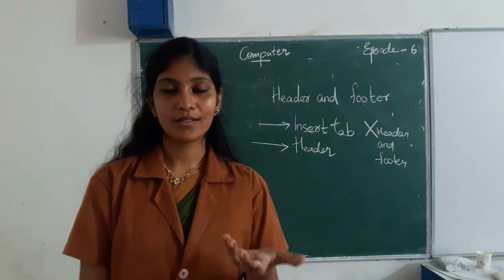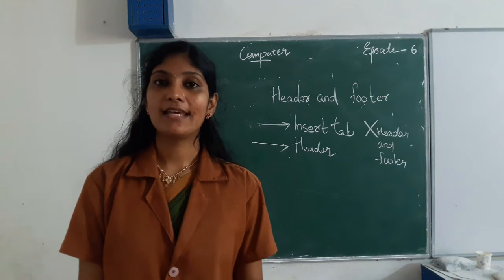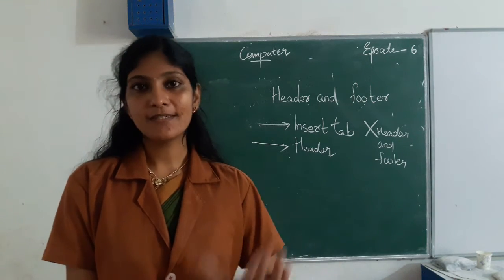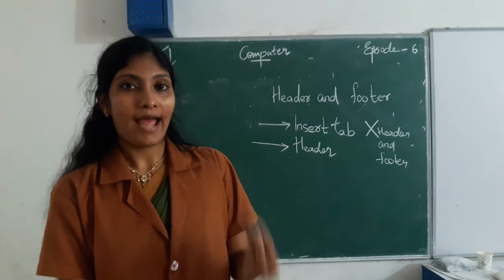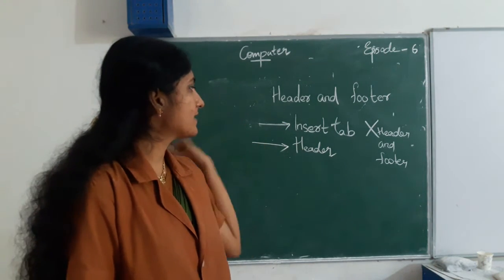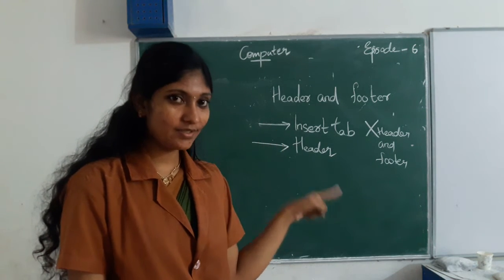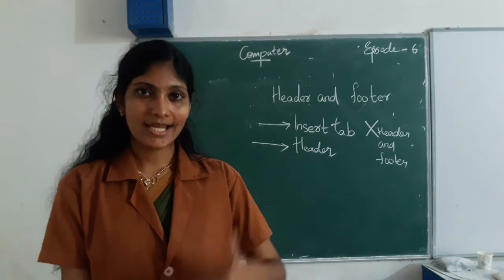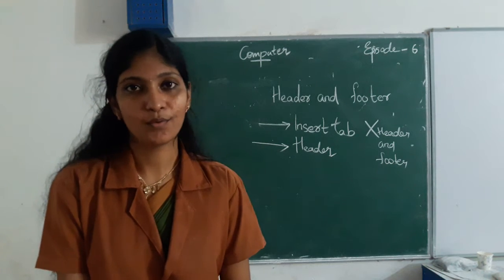Select your suitable header type, and then close the header and footer. Same steps for the footer. Just go to the Insert tab, then instead of header you can click footer, then select the type of footer and then close the header and footer section.